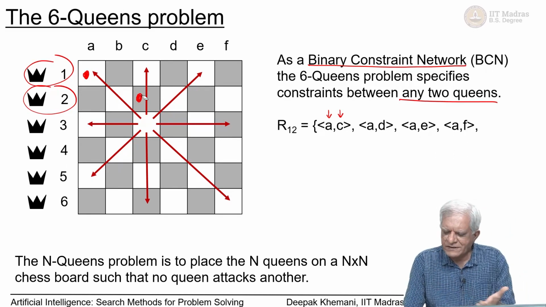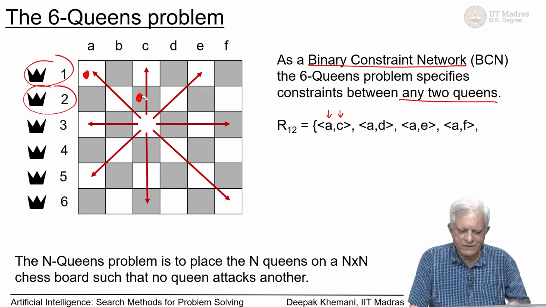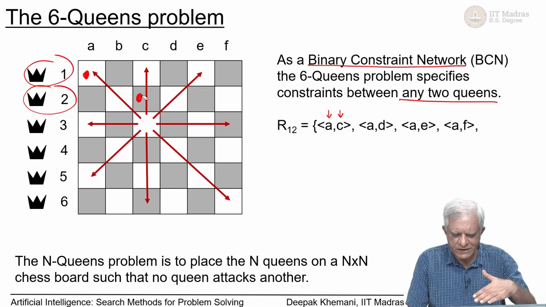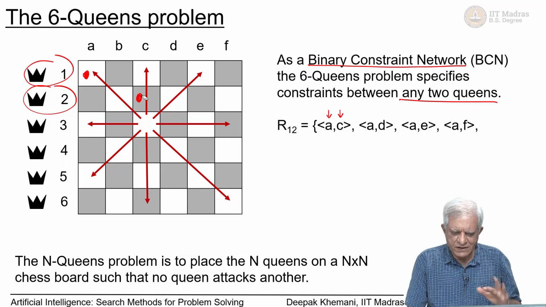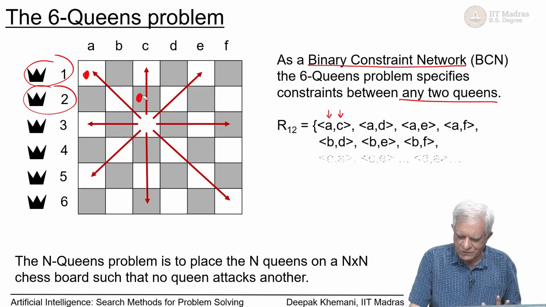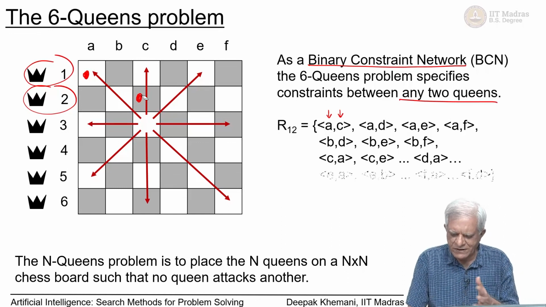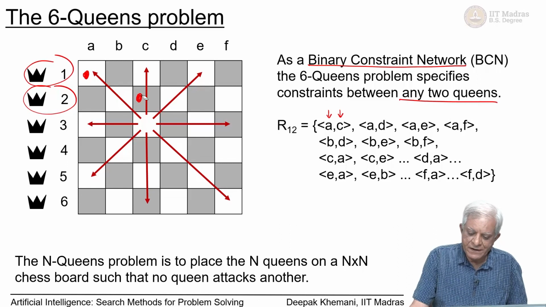And likewise, we just list out all such allowed pairs of locations where queen 1 and queen 2 can be placed. Queen 1 is a queen in the first row and queen 2 is a queen in the second row. So, in the first 2 rows, how can we place the queens? That is captured by R12 essentially. So, these are all the values, and you can fill in the blanks. I have left some of these here.